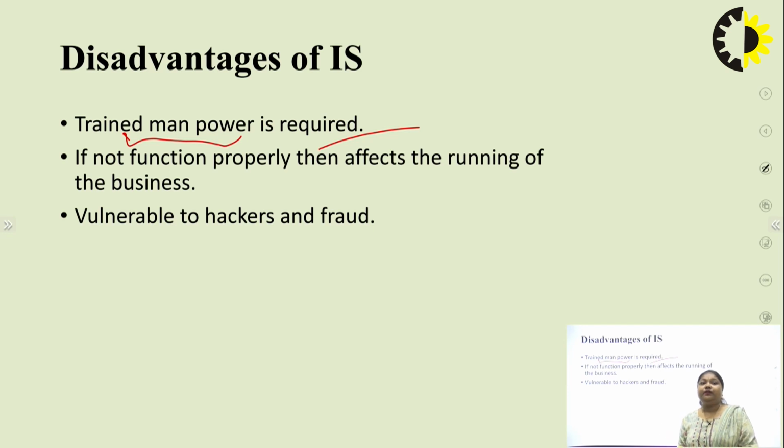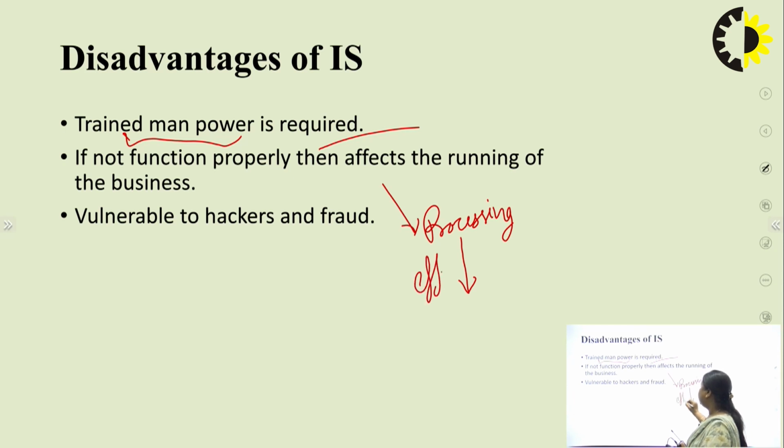If it does not function properly, then it affects the running of the business. If there is some malfunctioning in the processing, if the processing of information is not correct, then it definitely affects the business of an organization.